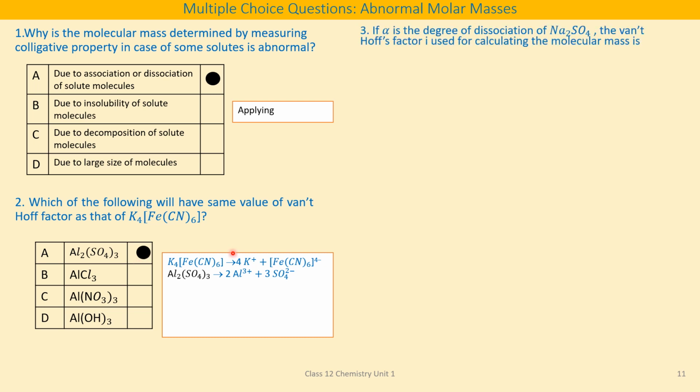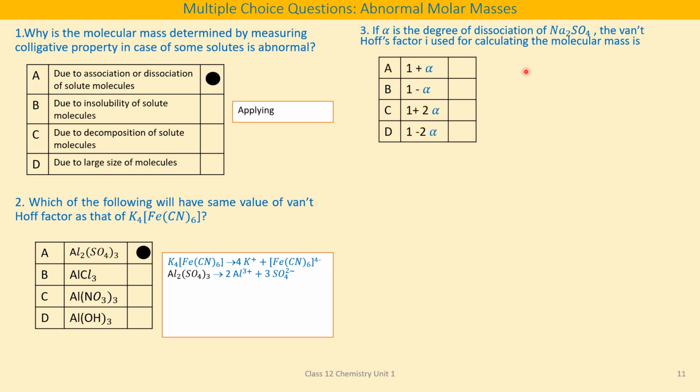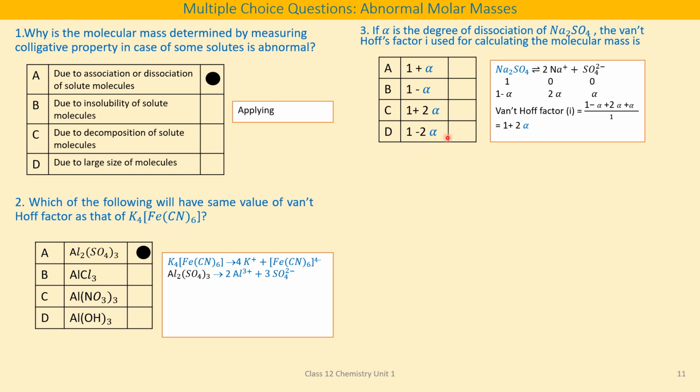Next question. If alpha is the degree of dissociation of Na2SO4, the Van 't Hoff factor i used for calculating the molecular mass is, four options are given. 1 plus alpha, 1 minus alpha, 1 plus 2 alpha, and option D is 1 minus alpha. So please analyze it. Na2SO4 splits into 2Na+ and SO4 2-.